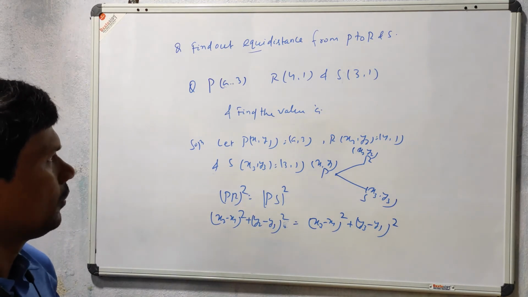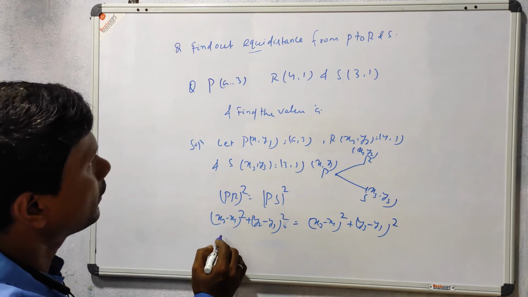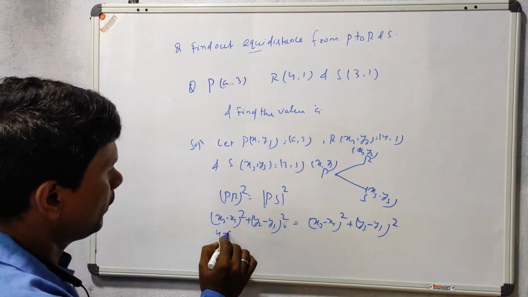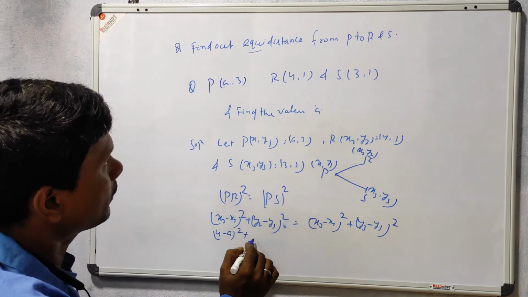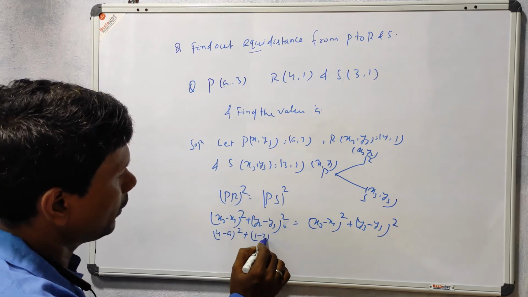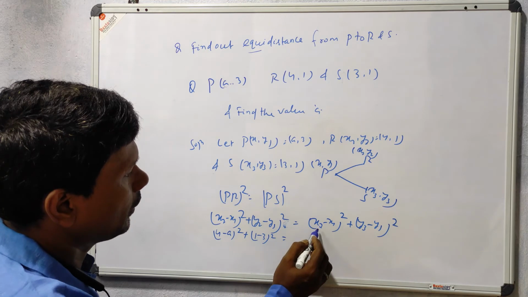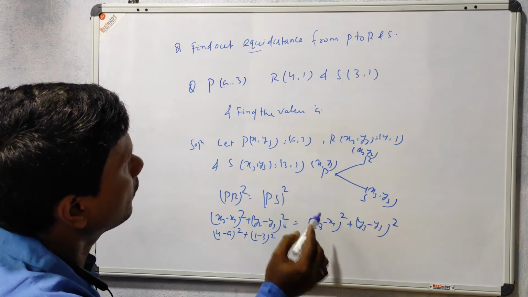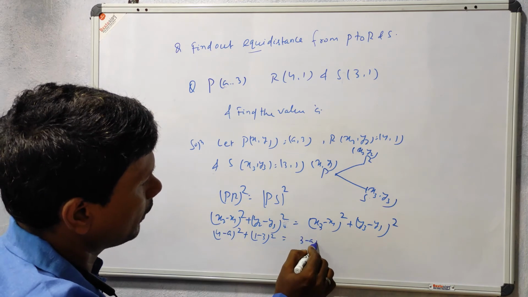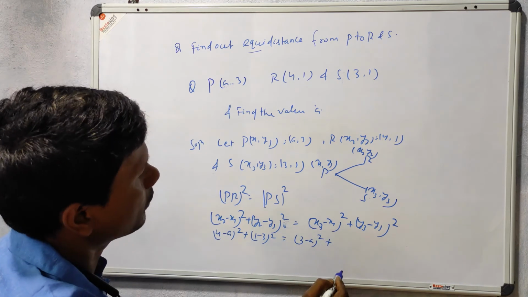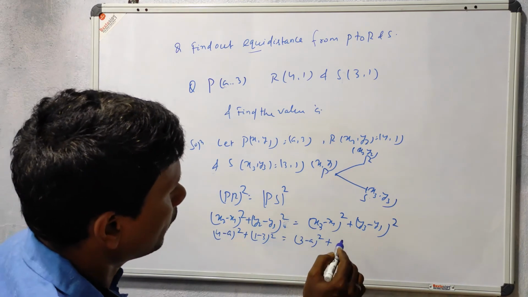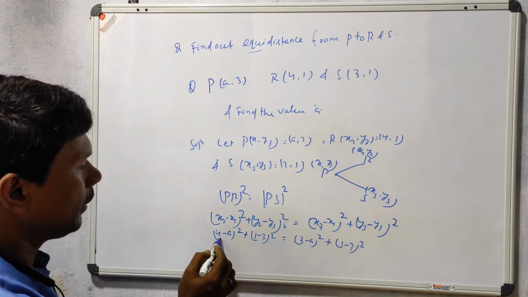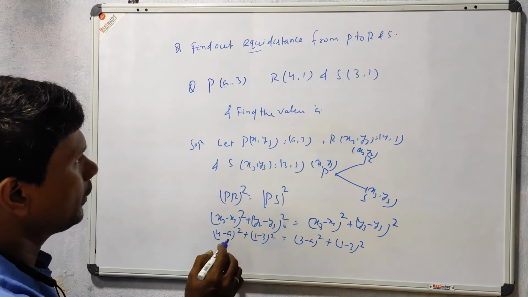So (4 minus a) whole square plus (1 minus 3) whole square is equal to (3 minus a) whole square plus (1 minus 3) whole square.